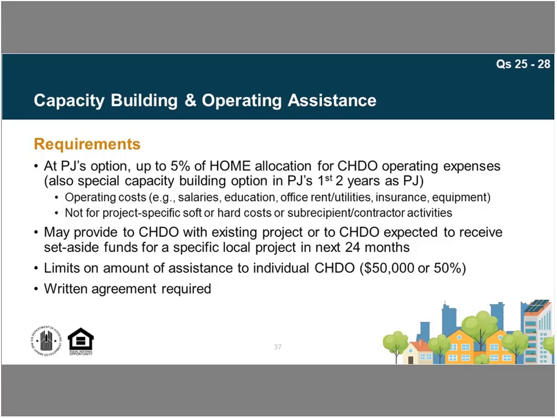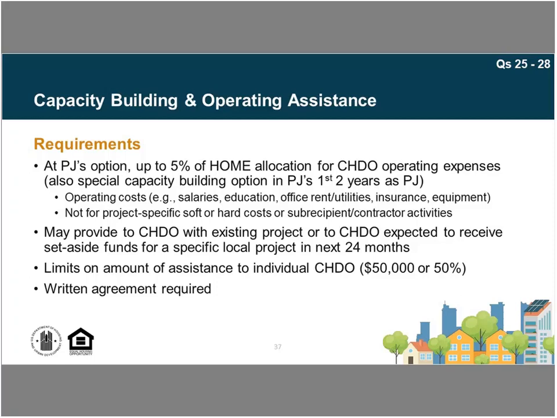Well, one of the ways the PJ can help keep CHDOs stable, with the appropriate level of capacity, is through providing capacity building and operating assistance. It's the PJ's option to use up to 5% of the overall HOME allocation for CHDO operating expenses.